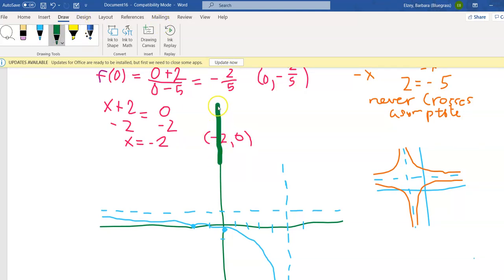Let's make 8 tick marks here. So this is 1, 2, 3, 4, 5, 6, 7, 8. (6, 8) is really right about there.